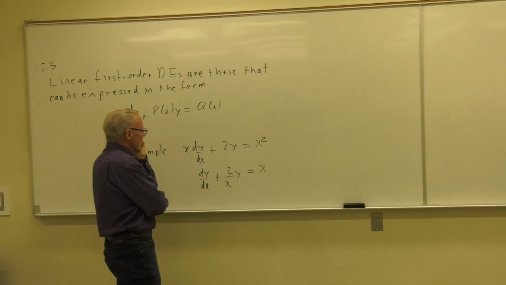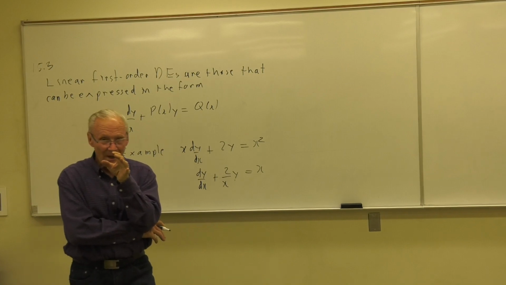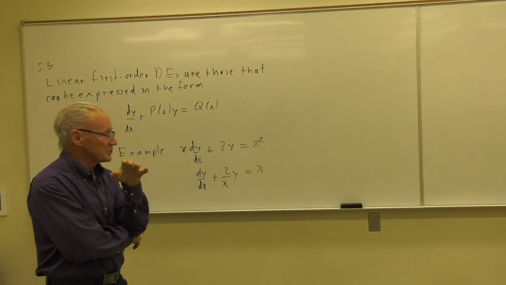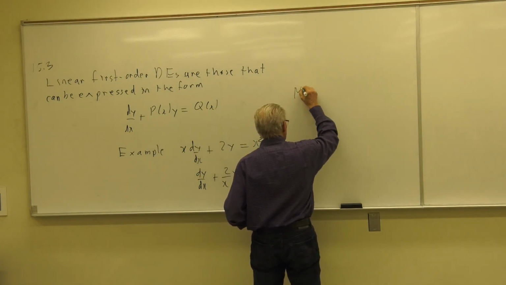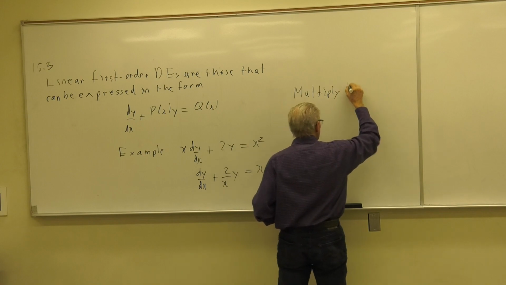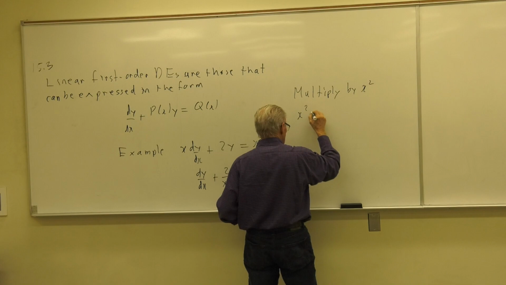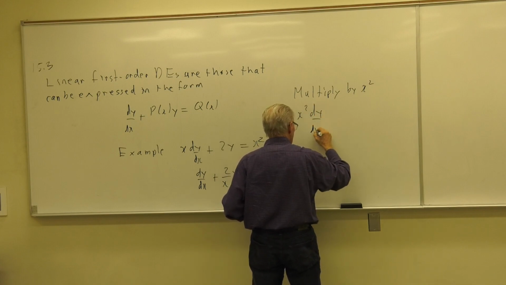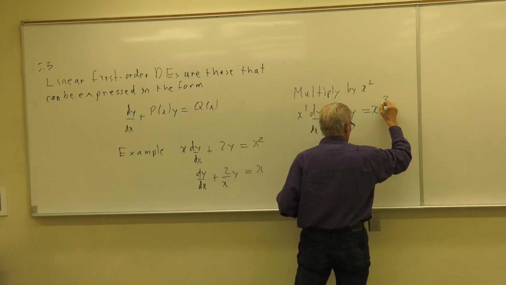All right? But suppose I come up with an ingenious idea, and before the class is over, I'll show you where I got it, of multiplying by x squared. Multiply everything by x squared. So we will have x squared dy/dx plus 2xy is equal to x cubed.